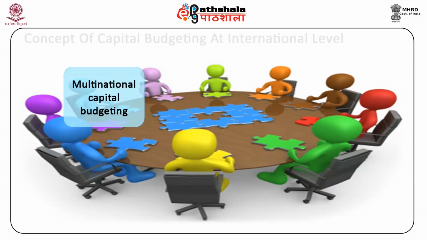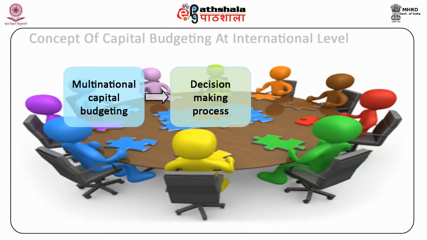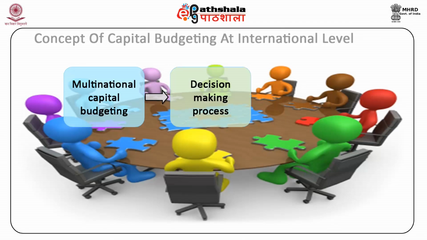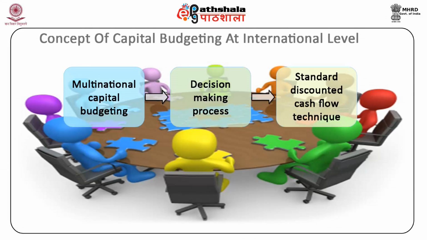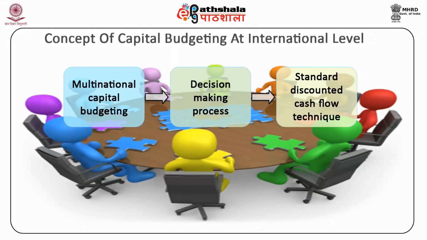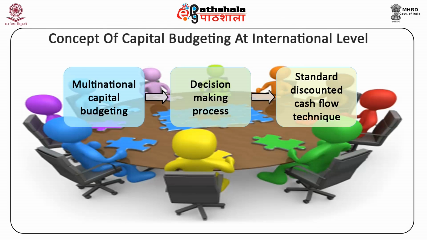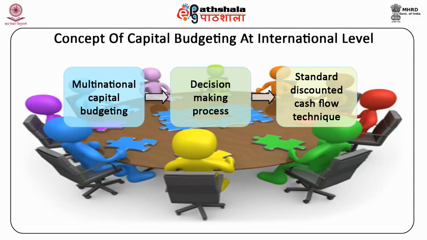In the multinational capital budgeting decision making process, the manager has to appraise the factors by using standard discounted cash flow technique, in addition to other factors solely belonging to international capital budgeting, and apply alternative methods of treating them.